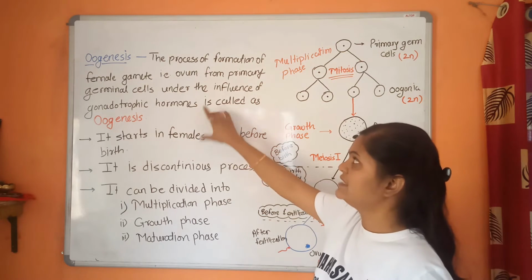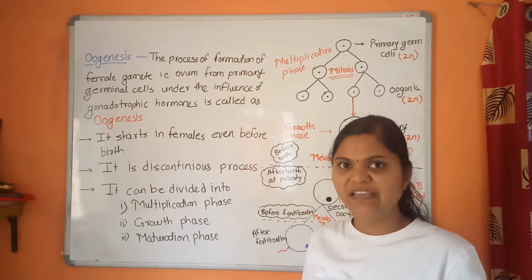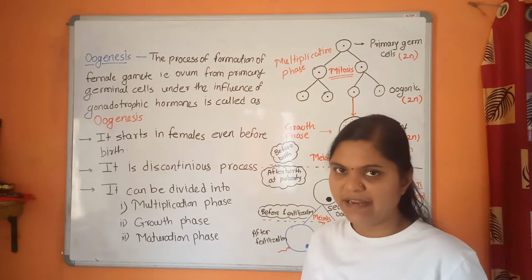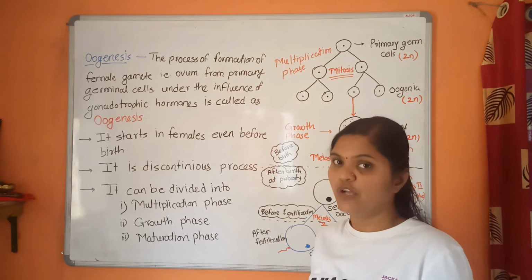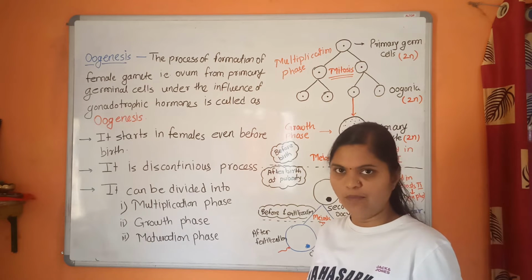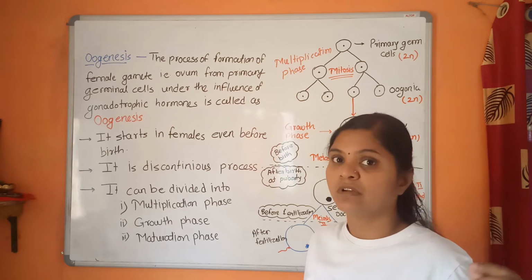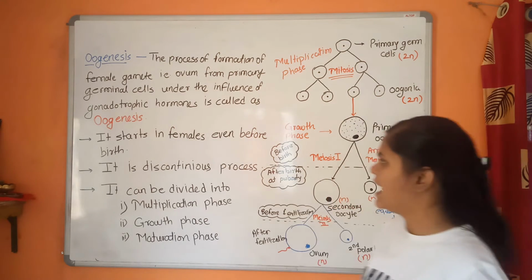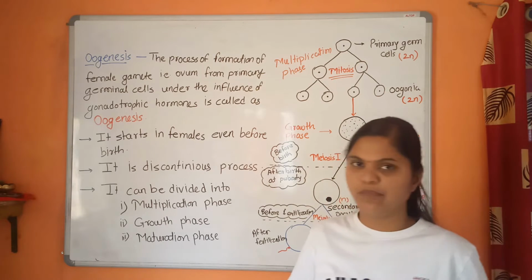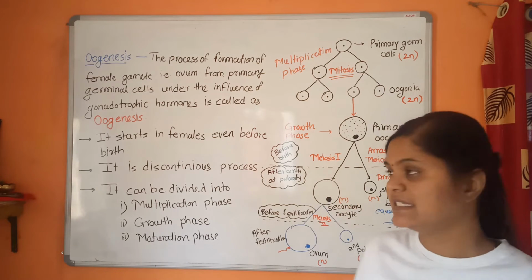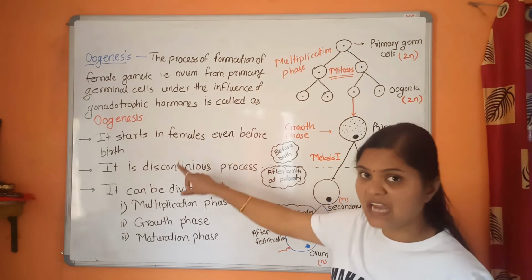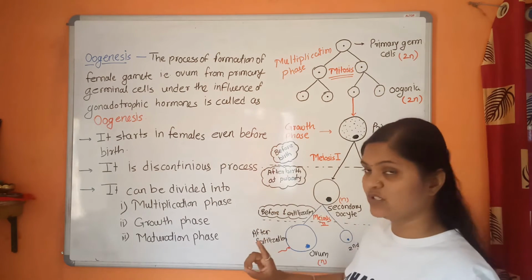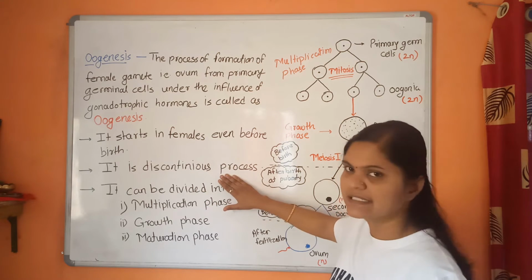So oogenesis means the process of formation of the female gamete, that is egg or ovum, from diploid germinal cells under the influence of gonadotropic hormones such as LH and FSH. It starts in females even before birth. In spermatogenesis, the process starts in puberty and then it is continuous, but in the female this process is discontinuous.